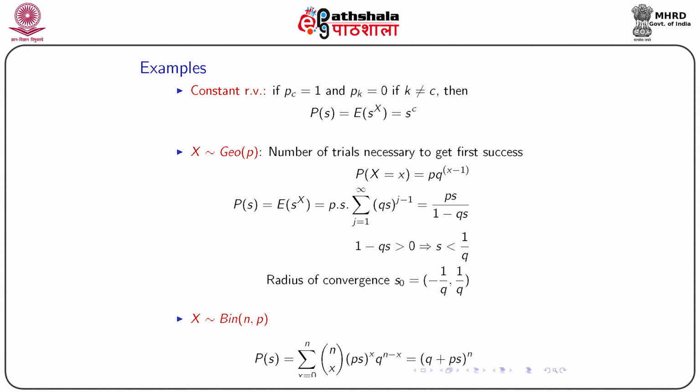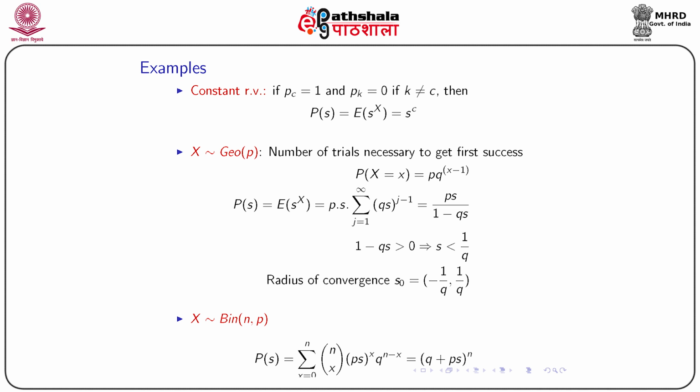Now this 1 minus qs must be greater than 0, that implies s must be less than 1 over q. So the radius of convergence in this case will be minus 1 over q to 1 over q. So this is a geometric distribution, and this is the form of the probability generating function, and here we can also find the radius of convergence.